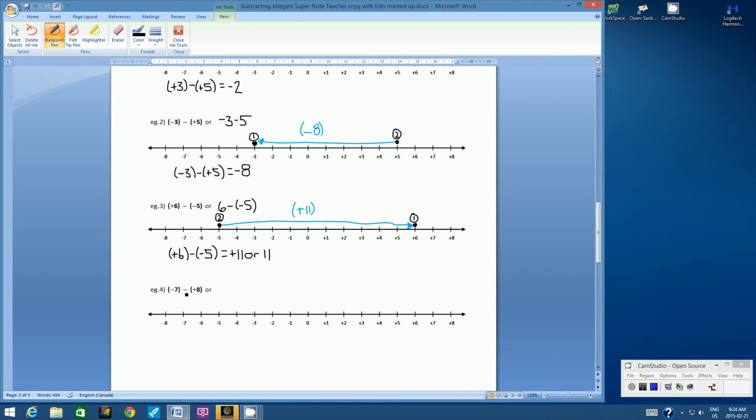So please write this subtraction question in standard form. So this is what I got in standard form. Negative 7 subtract 8. All right, let's mark the first integer. Negative 7 with a 1.